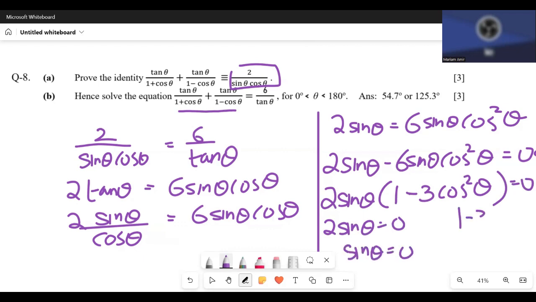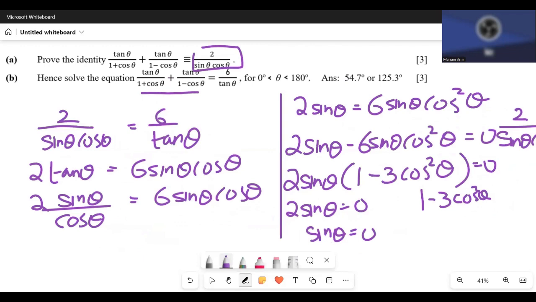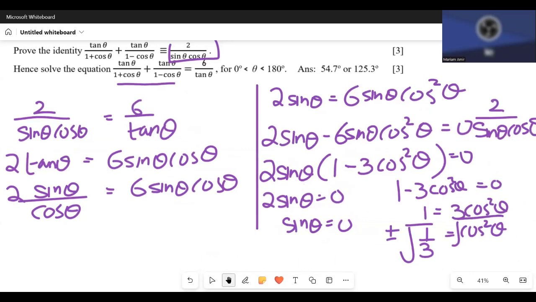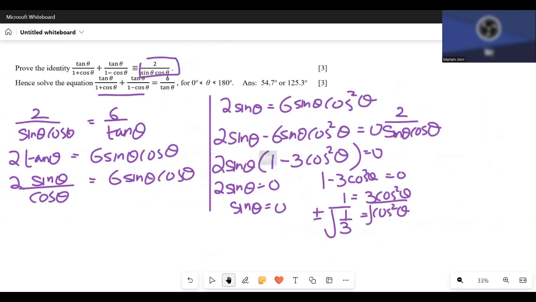Or it gives us 1 minus 3 cos square theta equals 0, which gives 1 equals 3 cos square theta, which gives 1 over 3 equals cos square theta. And then I'm going to take square root on both sides. And remember, whenever we place square root, we must write plus minus sign.